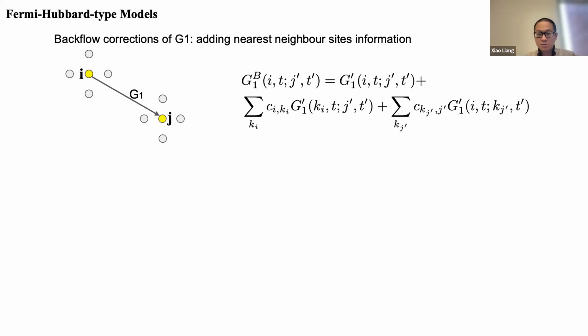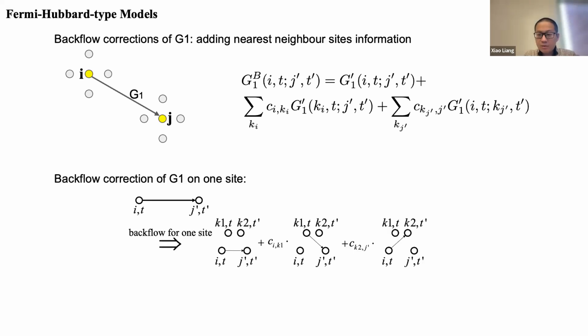However, this will cause redundant computations for the Hamiltonian with only local couplings. As denoted in the figure, we take nearest neighbors of both site i and site j for backflow corrections. This is suitable for the Hubbard-type Hamiltonian with only nearest neighbor hoppings and interactions.